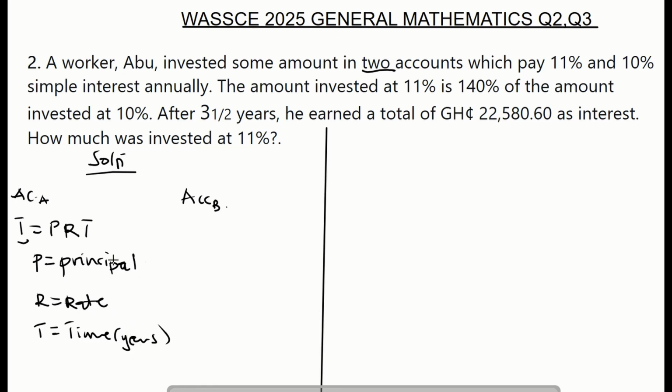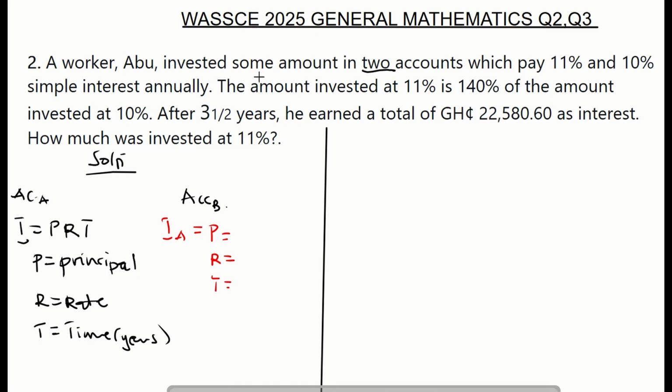First, you see that for both accounts we need to identify their principal, their rate, and their time. So we put here my account A, and this is my account B. For my simple interest for account A, I'm going to get my principal, my rate, which is the annual interest rate, and then my time.